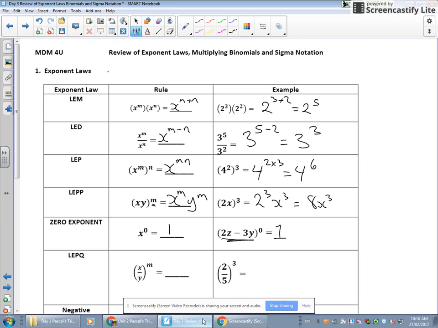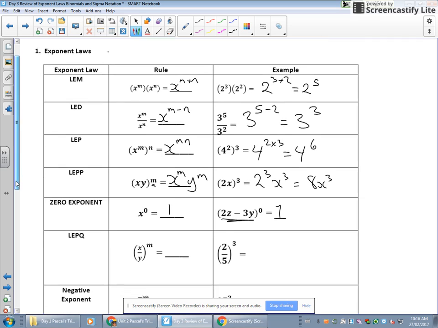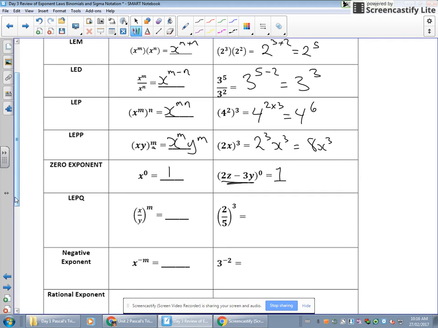And then when our bases are being divided, the same sort of thing applies, just the same as when our bases are being multiplied. This becomes x to the m divided by y to the m. So in this case, this becomes 2 cubed over 5 cubed.